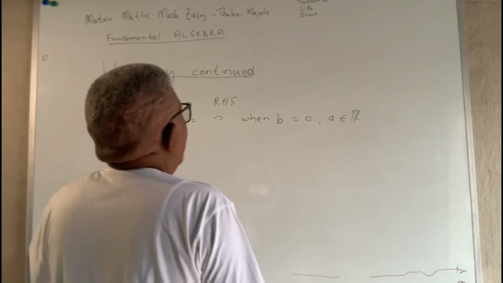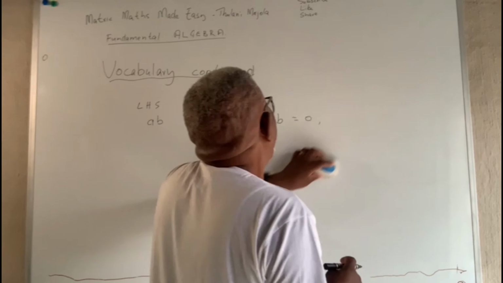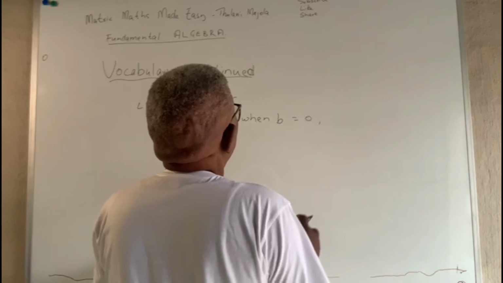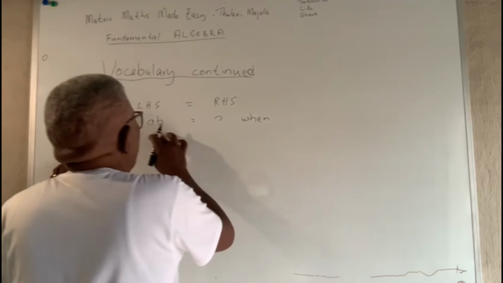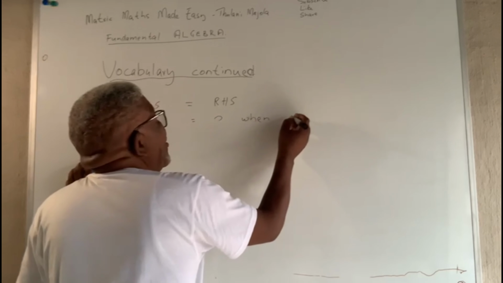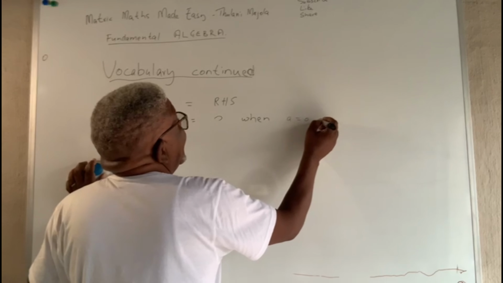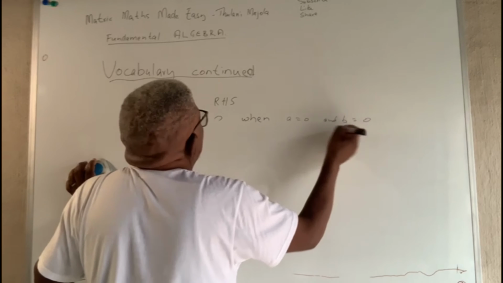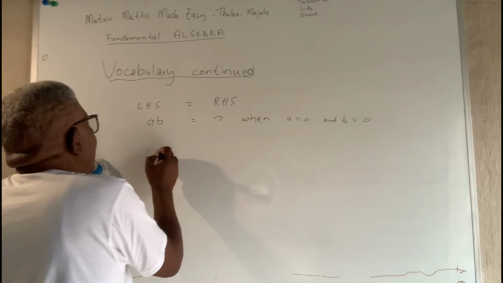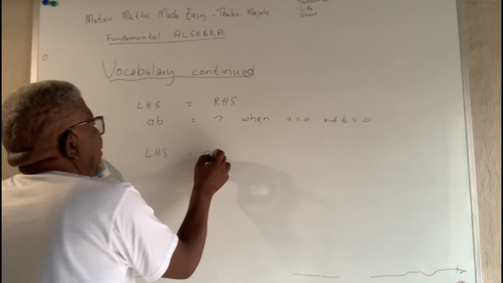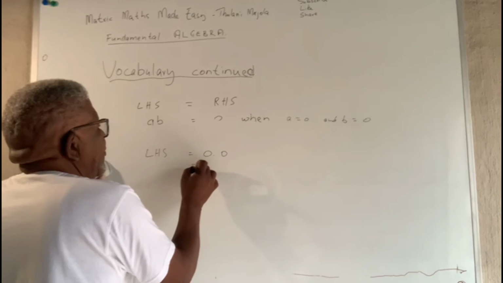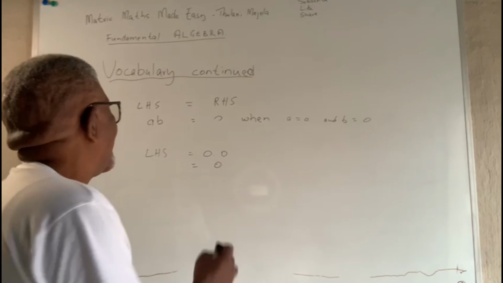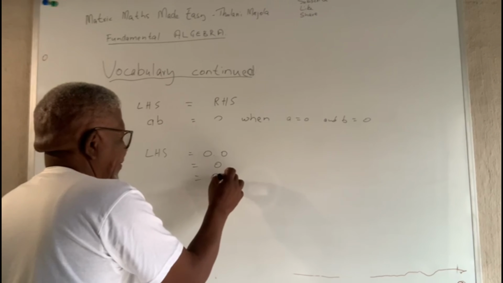So you can say this equation is true: A times B equal to 0 when A equal to 0 and B equal to 0. No problem. The left-hand side will be equal to 0 times 0, which is fine, equal to the right-hand side.